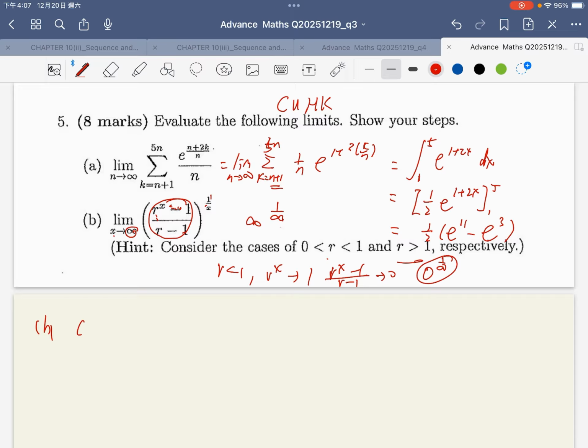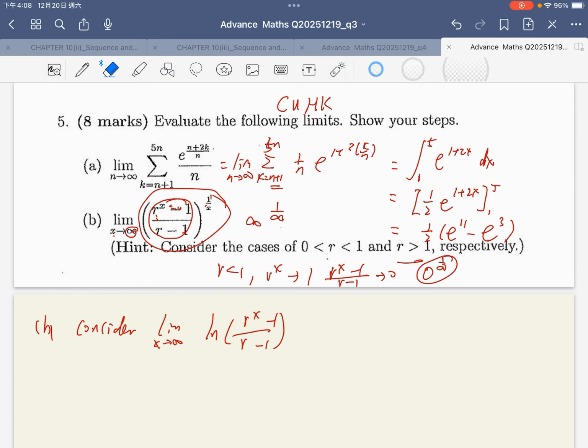Therefore, we consider the limit as x tends to infinity of the natural log of this function: natural log of r to the power x minus 1 over r minus 1, to the power 1 over x. Then move the 1 over x to be multiplication: 1 over x times the natural log of something.